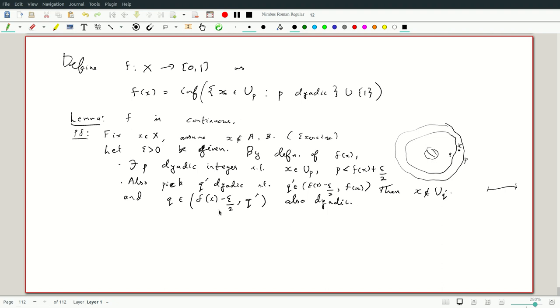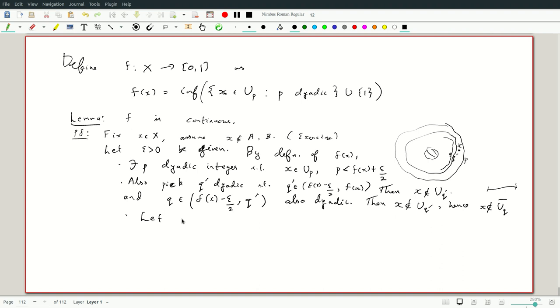Okay, the reason I bothered to do this is because on the Q side we have to take a closed set and we want an open set. So we'll give ourselves abundant room. So here is Q prime. x is not here already, and then Q is even further down, but it is still close to f of x. Okay, so what do we know from this definition? Then we know that x does not belong to U_Q prime, and hence x does not belong to the closure of U_Q. That's why we gave some room.